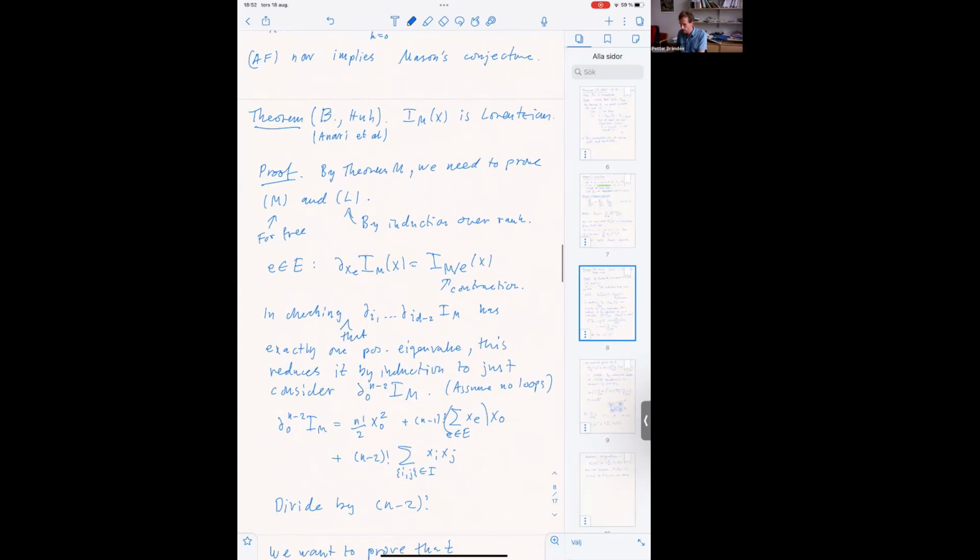So it was a little more lengthy derivation than I anticipated, but we got there in the end. So to prove this, we needed to prove this M-convexity, which came for free, and then this Lorentzian property.